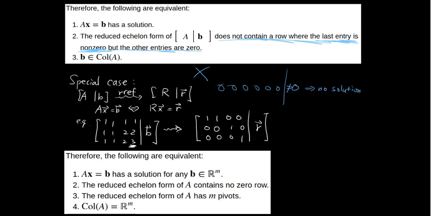So there is a special case that the reduced echelon form of A contains no 0 row. And in this case, whatever the b you give me, Ax equal to b always has a solution for any b.